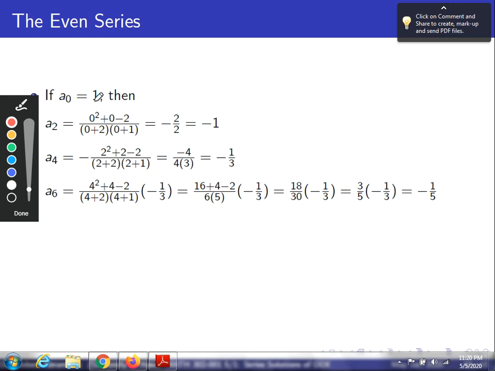Well, 1, negative 1, but all these other terms are negative, so unfortunately it's not an alternating series. And we are dividing by the next odd number, first dividing by 1, then dividing by 3, then dividing by 5.